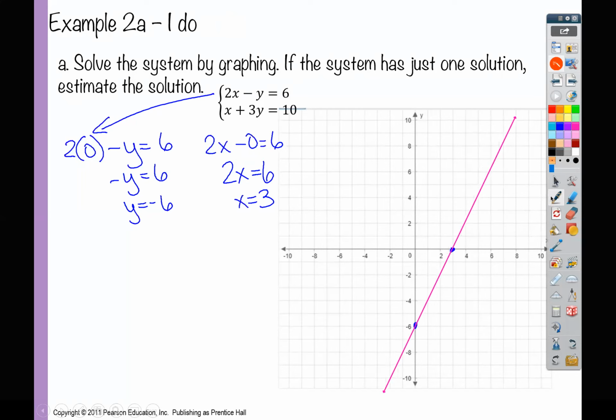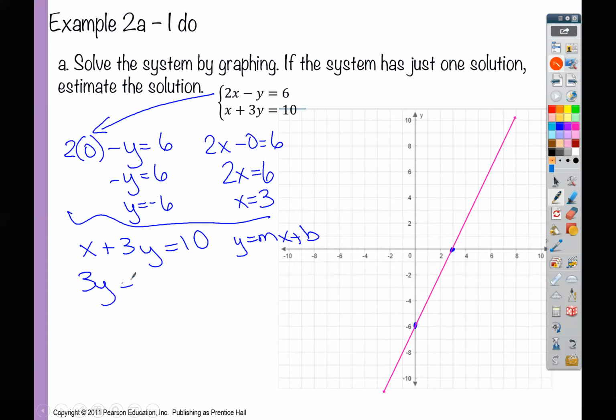Okay, now let's do the next one. I did the first one using intercepts. I'm going to show you how to do the second one using slope-intercept form. I've got x plus 3y equals 10. We want to get it in y equals mx plus b. So I'm going to subtract the x from both sides and divide by the 3. I would get y equals -1/3 x plus 10 over 3. Now if I graph that, the y-intercept is at 3 1/3. And you can see why we say we're estimating, because that is definitely an estimate.